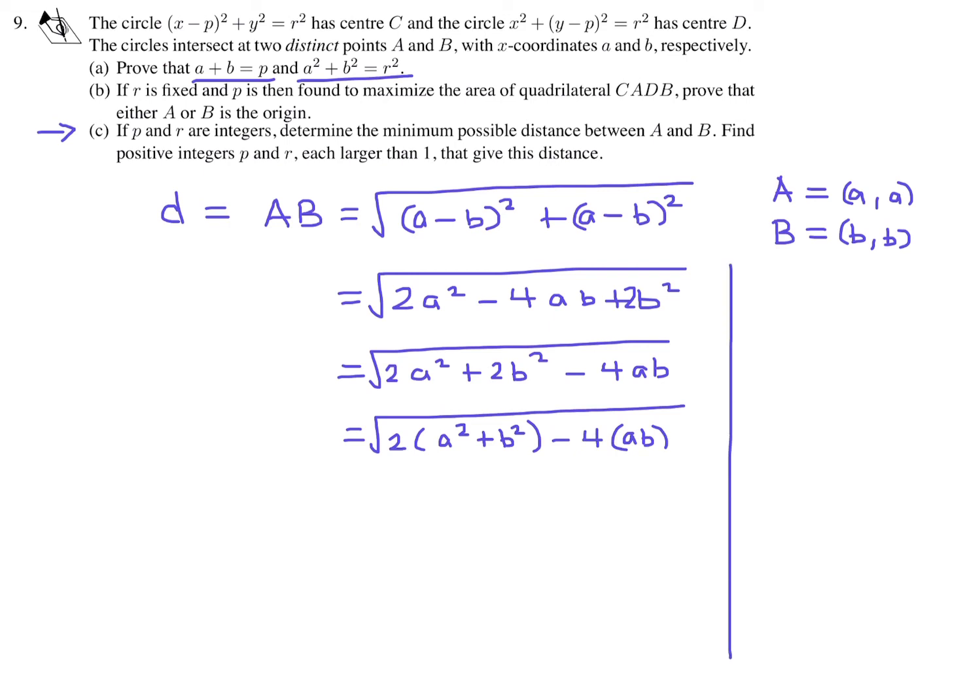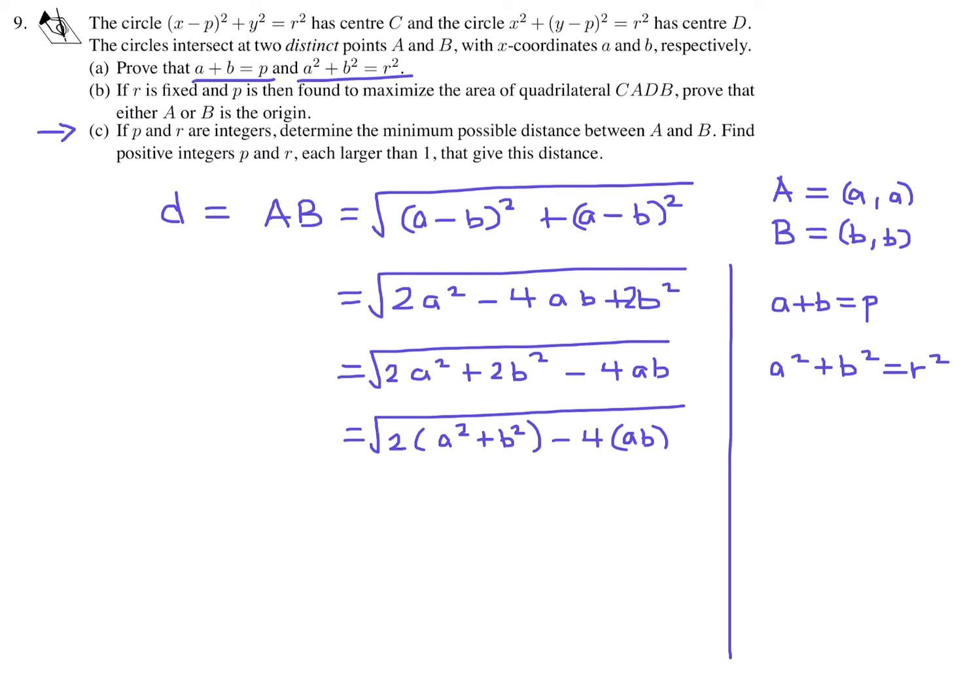Now on the side here, I will write in some of the things we've learned so far in our question. The first thing that we proved was that a plus b is equal to p. We also proved that a squared plus b squared is equal to r squared.